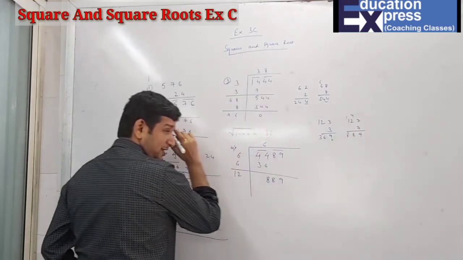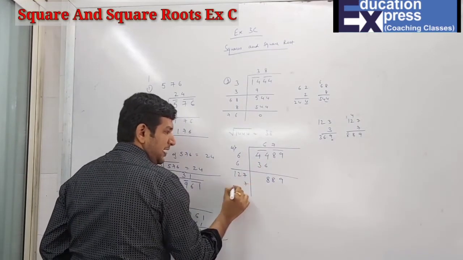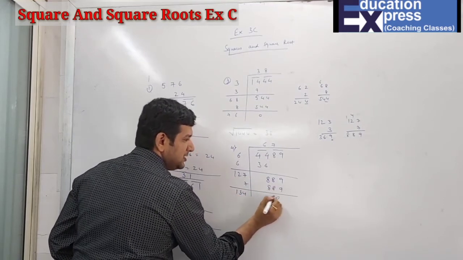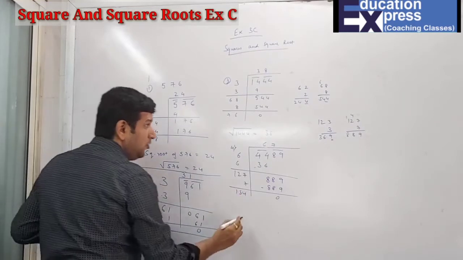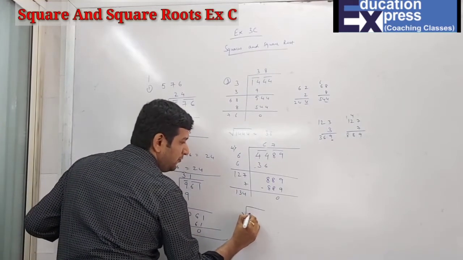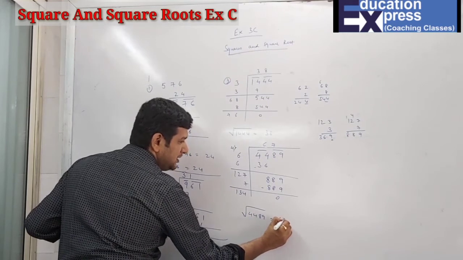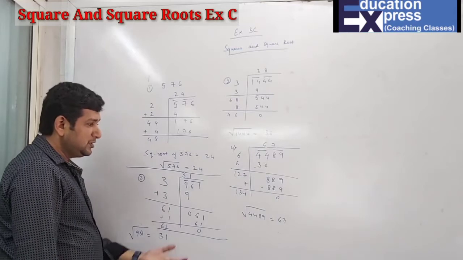Yes, 127 7s are, obviously add 7, you get 134, 889, and answer is 0. 67 double is 134 and the square root of 4489 is 67.